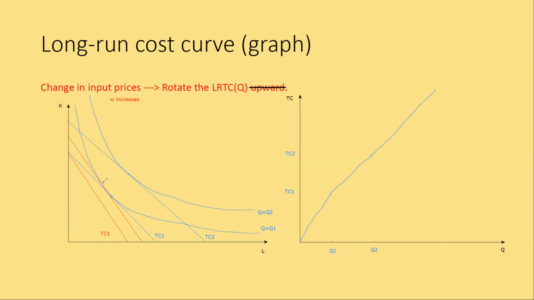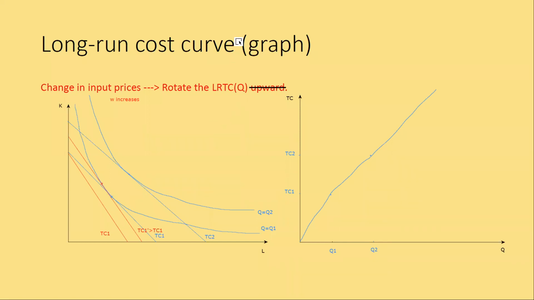So the new optimal point is potentially this red point I marked. The firm is going to substitute some of its labor with capital, because labor is now becoming more expensive. This new line is called TC1 prime, and because it is higher than TC1, TC1 prime is going to be larger than TC1.